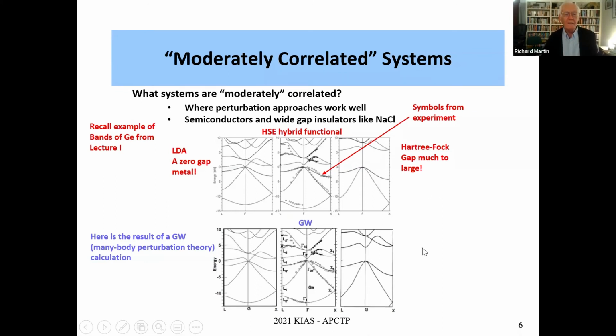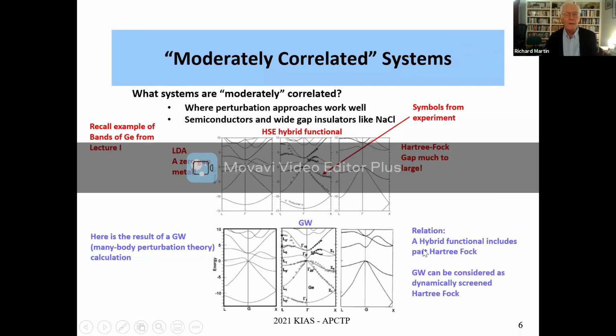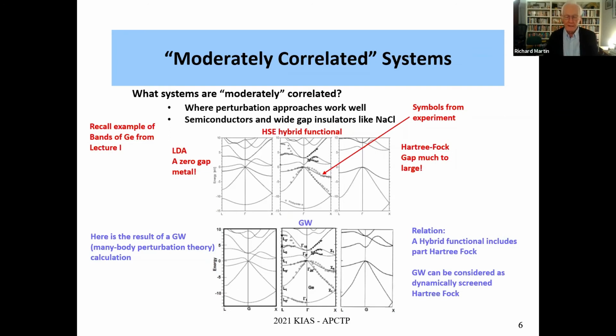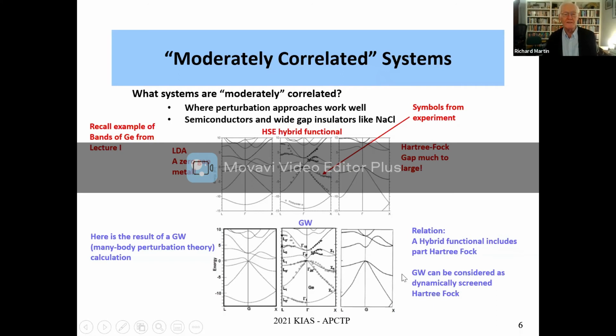And that's not just an accident. The hybrid functional involves part Hartree-Fock, and it's been tuned in such a way that it's pretty good. The many-body perturbation method is in fact set up, and the way that diagrams are chosen in this GW approximation can be viewed as screened Hartree-Fock.